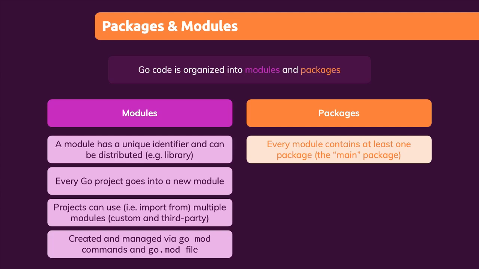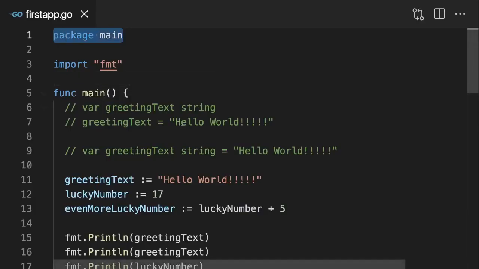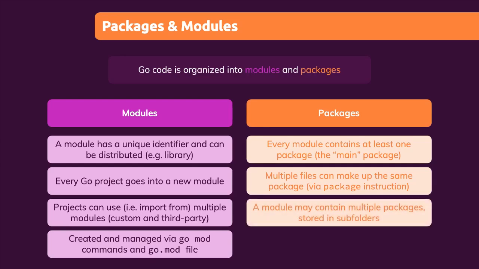You do put multiple files into the same package by using the package instruction in your code file. So this instruction here. And if you do have multiple packages in a module, you should store them in subfolders. So the files that make up a new package should all go into a subfolder, which then typically also has that package name as a folder name.